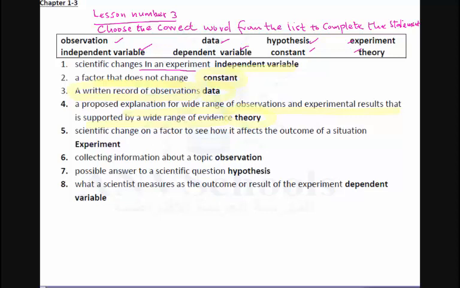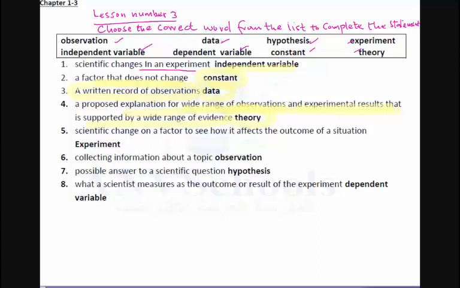In science, a theory is not a speculation; it has to have a wide range of observations and experiments carried out on it before it is regarded as a theory, and a theory is accepted by the scientific community.